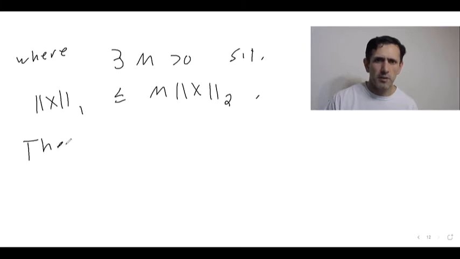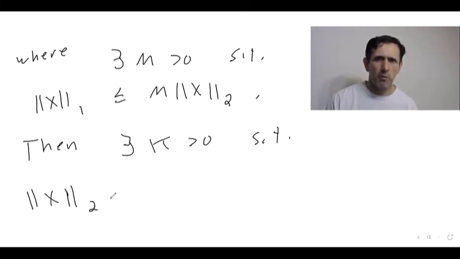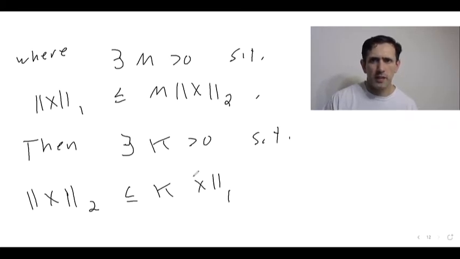Then I claim that there exists K bigger than 0 where the opposite is true. And when this is true, we say these norms are equivalent. They're, for all practical purposes, the same norm. In particular, you have convergence in one norm if and only if convergence in the other. You can check that as an easy homework.